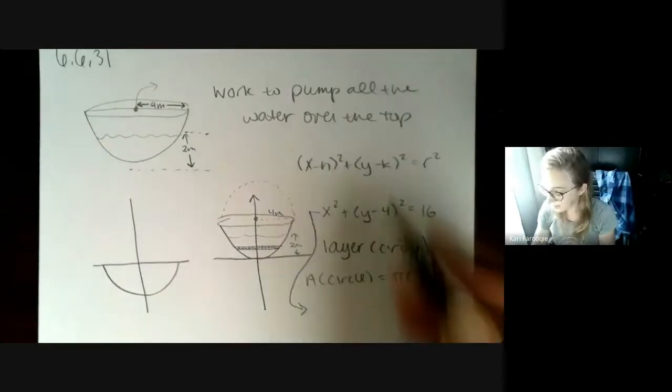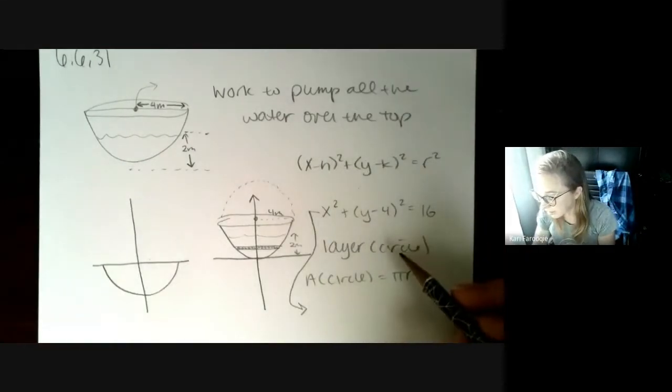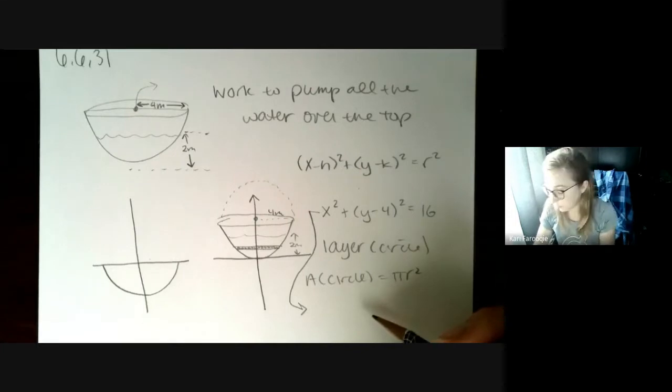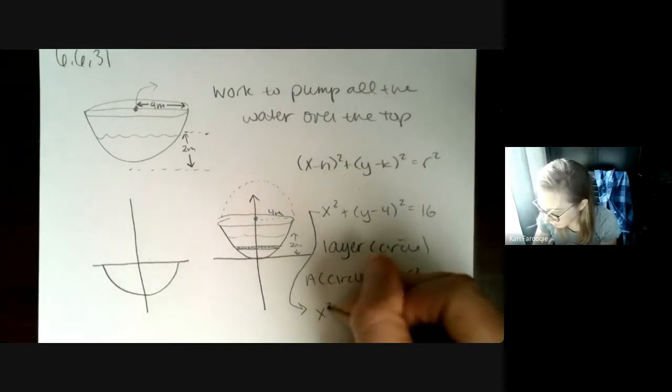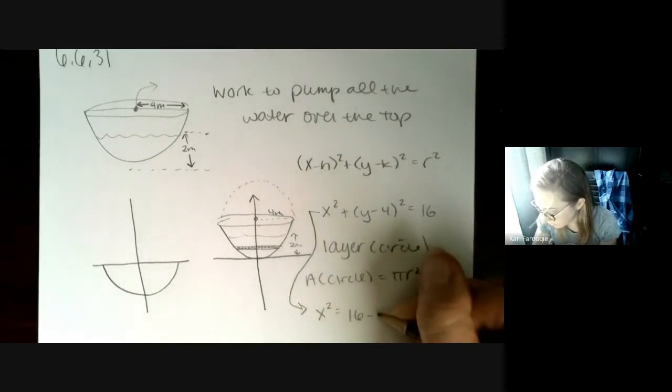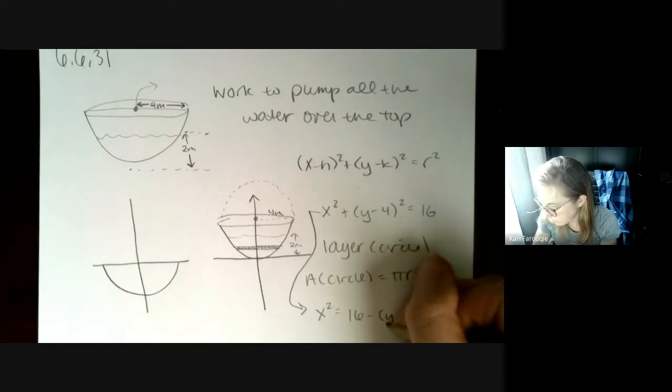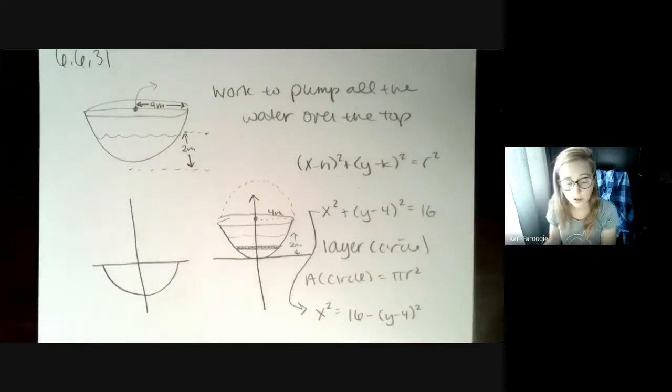All right. So I'm trying to get x equals some function written in terms of y. So I know that x squared is 16 minus (y minus 4) quantity squared.